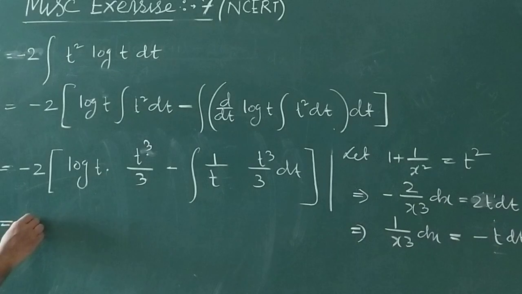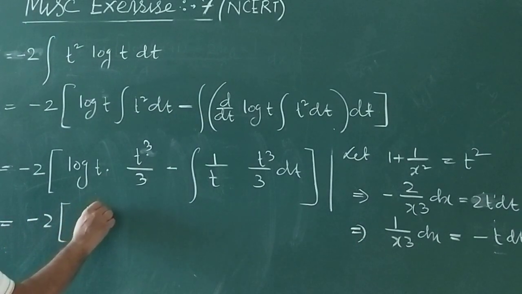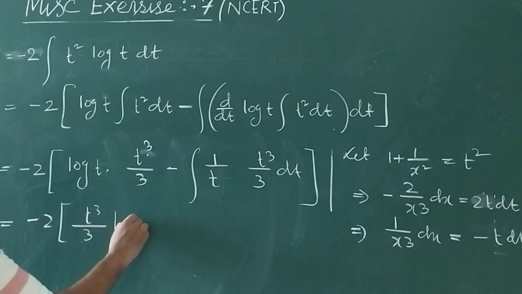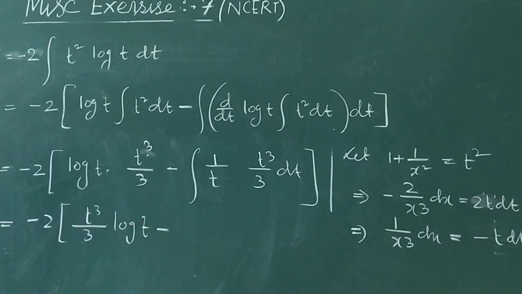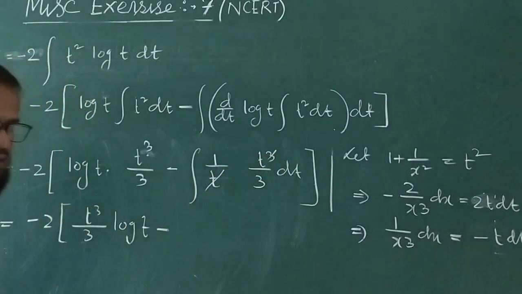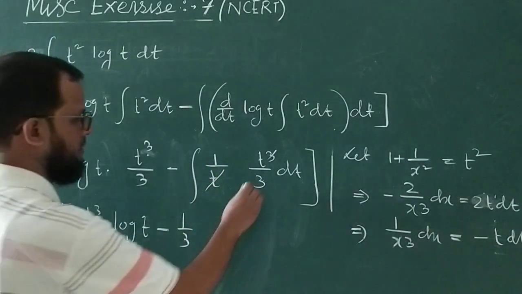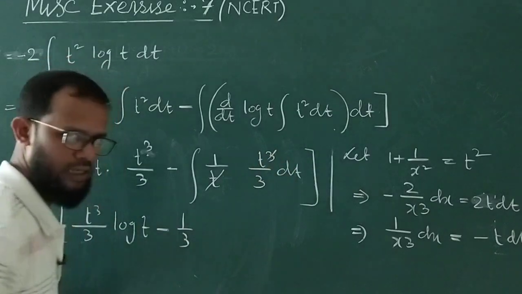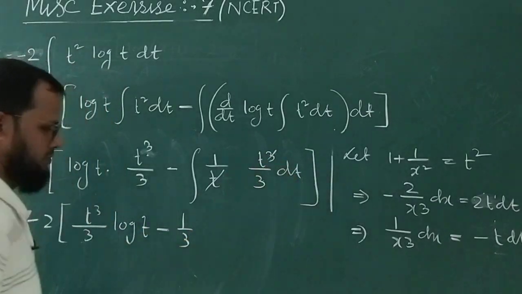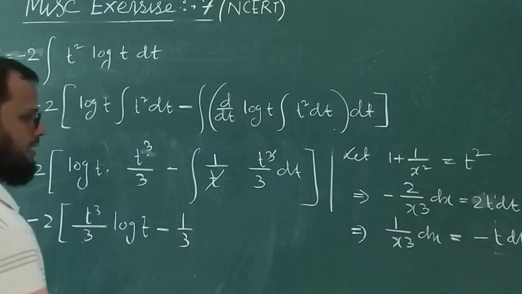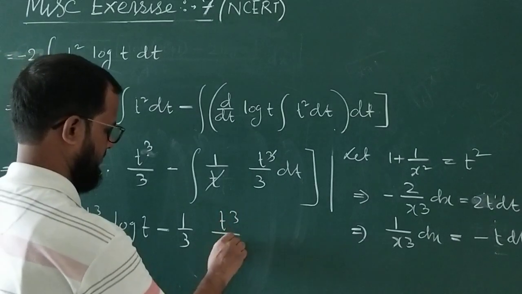Then this is minus 2 into t cube by 3 into log t, and this t and that t cancel, 1 by 3 is out. What will remain? Here it remains t square, क्या रहेगा? t square dt होगा. t square dt का इंटीग्रल क्या है? t cube by 3 again.